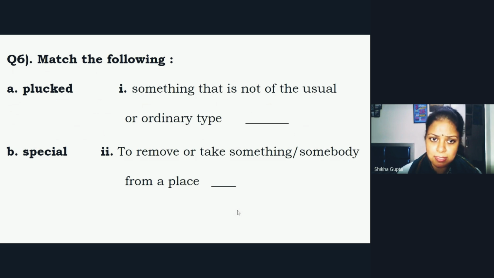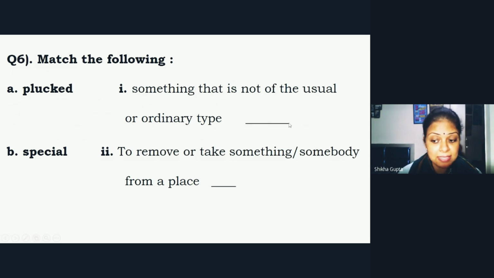Second option is to remove or take something, somebody from a place. Now you have to think, what is the answer of plugged? Is it the first one or is it the second one? If it is the second one, then you will write A here.